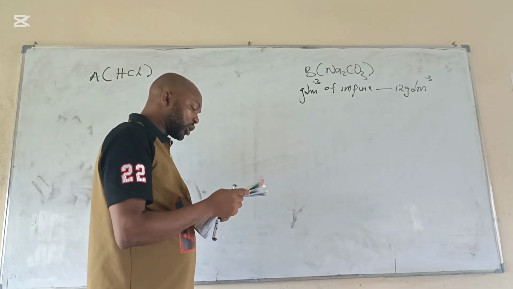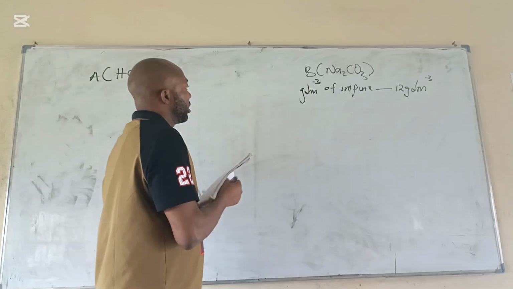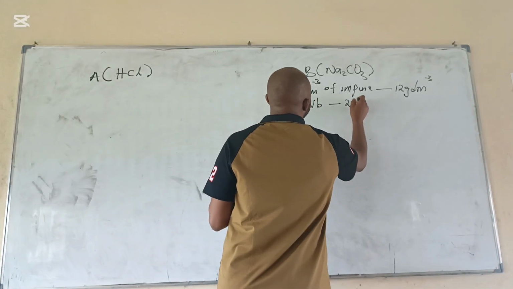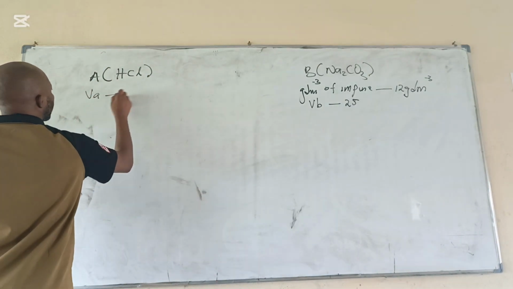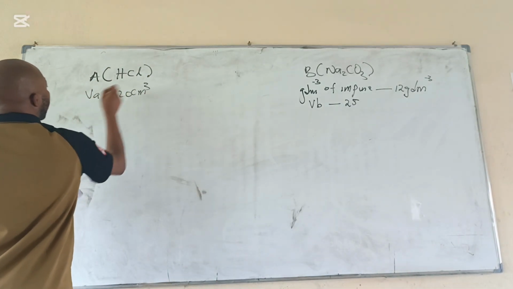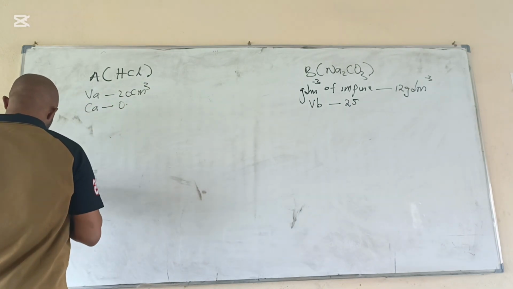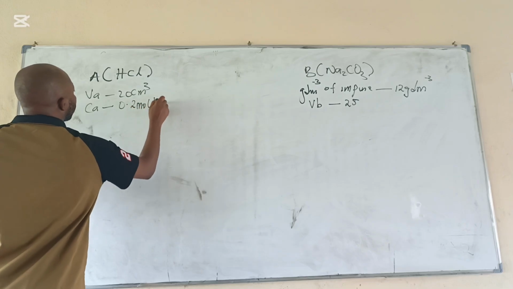Okay, now we say 25 of this mixture were neutralized by 20 of A. So the volume of the base, VB, here is 25, while the volume of the acid is 20 cm cube, and the concentration of the acid is 0.2 mole per dm cube.